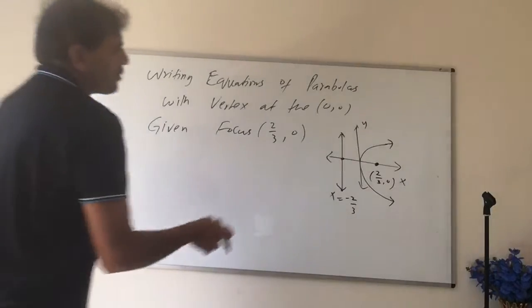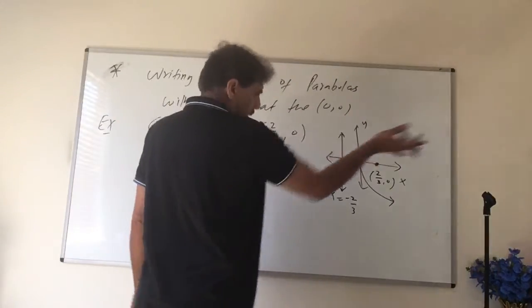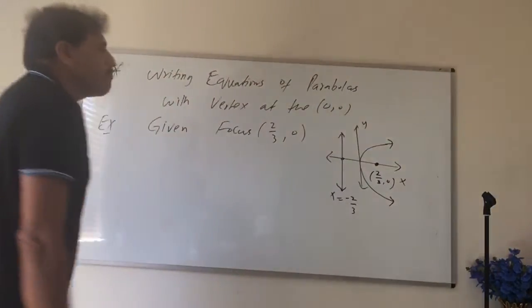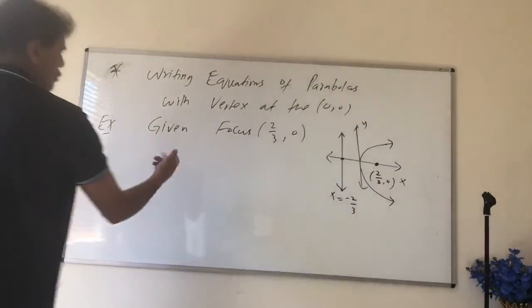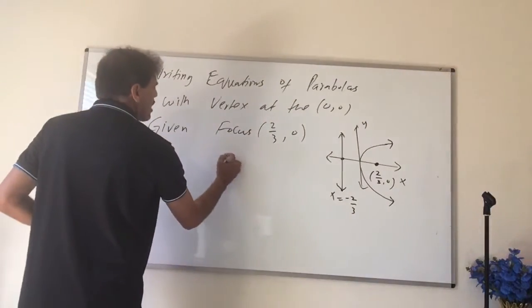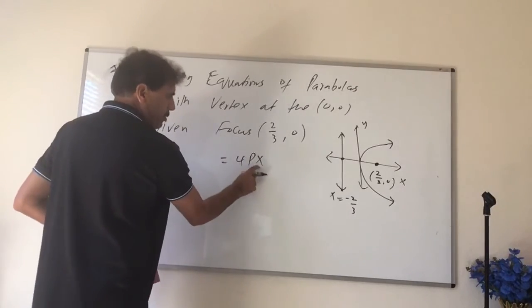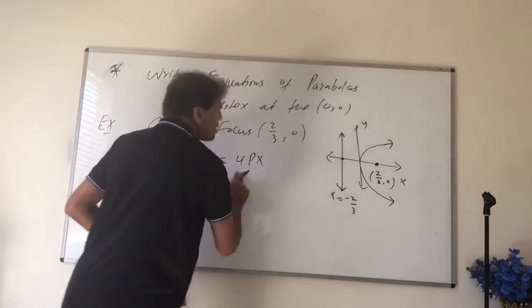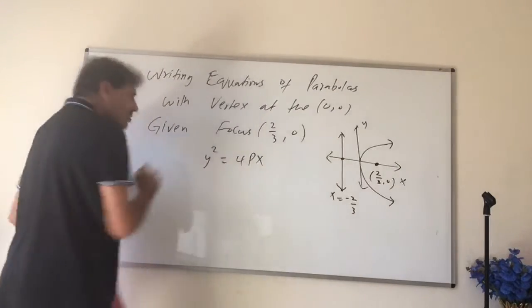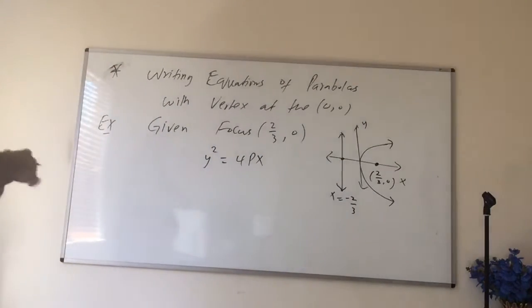So now, if you remember, it's opening to the right, and p is positive. So which relationship? We're gonna have y squared equals 4px. Look, x is going positive, meaning going right. So that's the formula we're gonna use. You must be able to identify which formula you're gonna use.